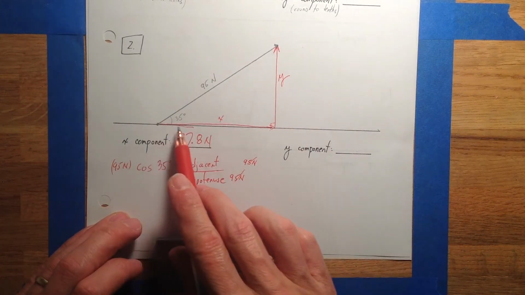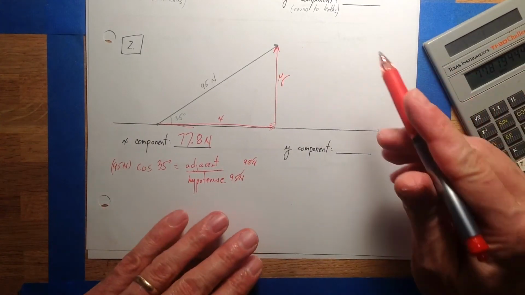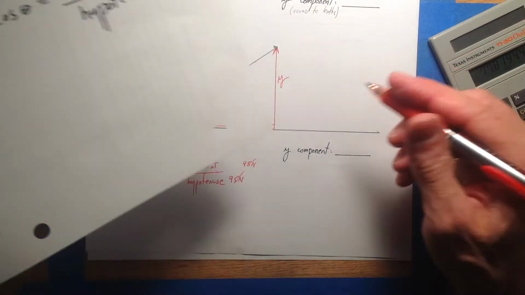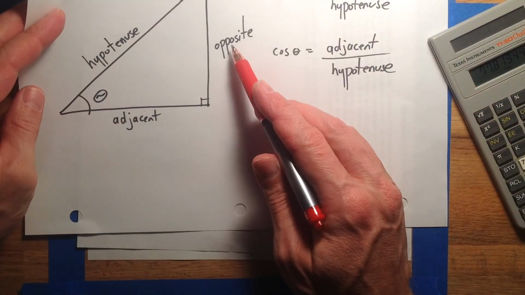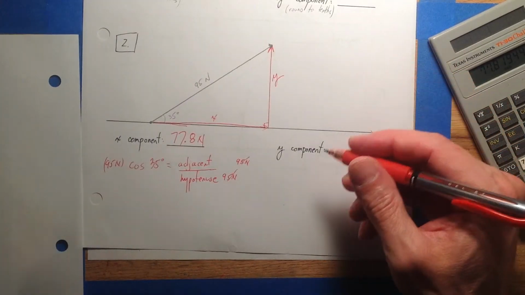Visually it does look reasonable. Y is probably going to be a little bit less. Going back to this, if that's the angle, we want the opposite. That's what y is, so we want to use sine, opposite over hypotenuse.